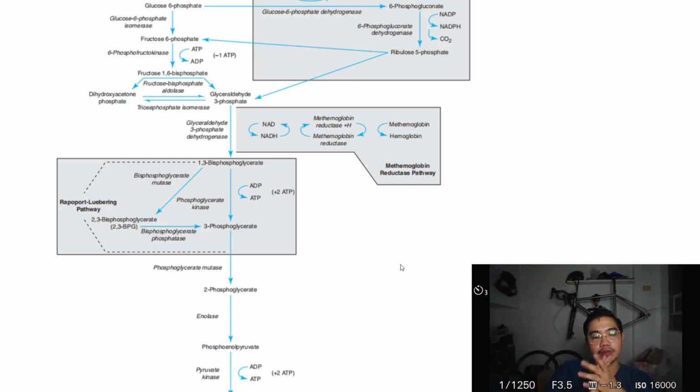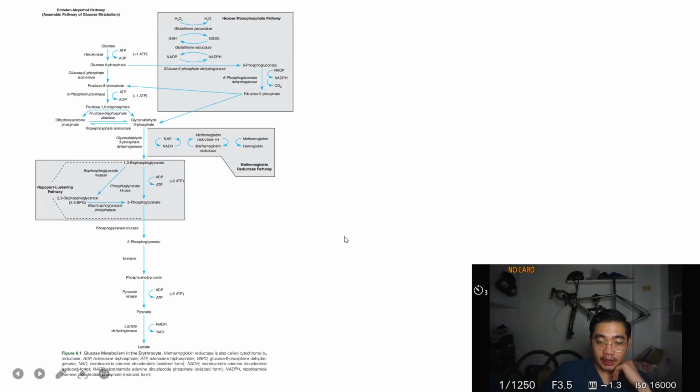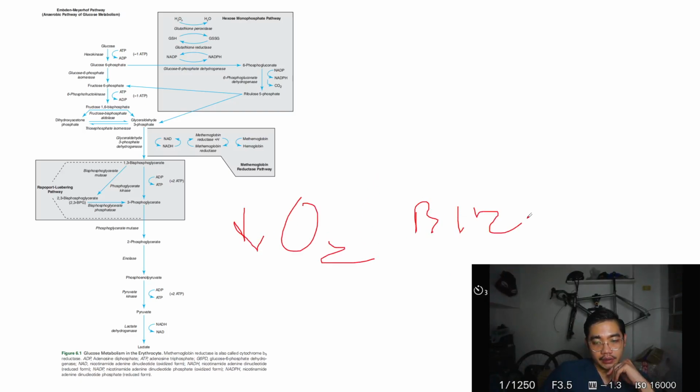So what is 2,3-bisphosphoglycerate? 2,3-BPG is a molecule that decreases oxygen binding to hemoglobin, so it more freely lets go of oxygen.